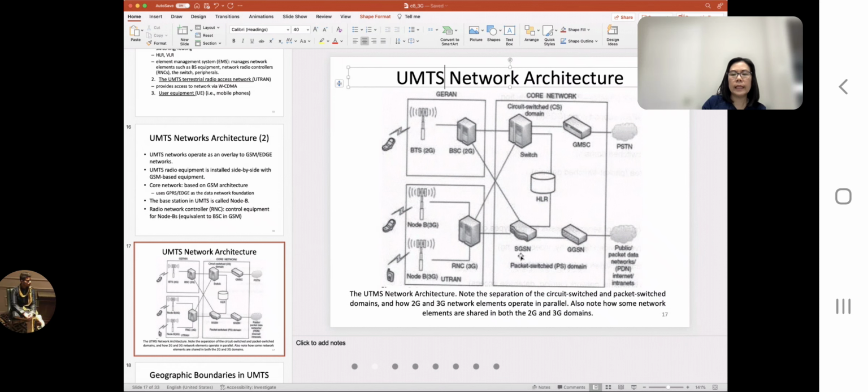Now this is the data component. This is the serving GPRS support node, and this is the gateway support node. The gateway is connected to the internet, so this is the internet here for data. This part uses packet switching, and this part uses circuit switching.